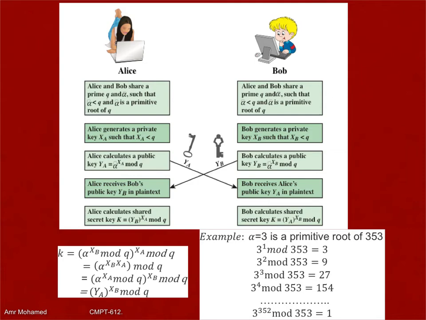It's based on the fact that what's difficult to achieve is not about alpha and Q, it's about X. It's about the exponent itself. This is what's hard to get mathematically. So alpha and Q are to be shared between Alice and Bob.